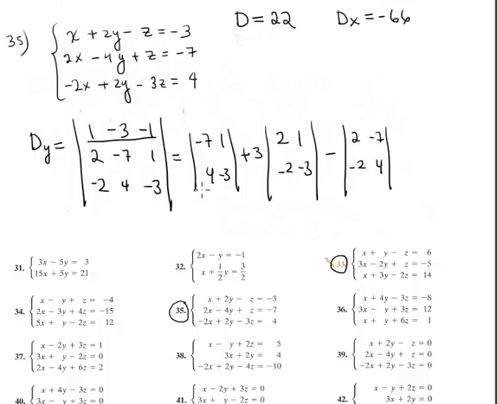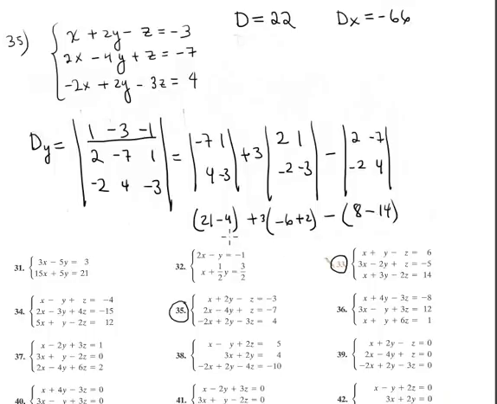Okay, multiplication is 21 minus 4, plus 3 times parenthesis minus 6 plus 2, minus 8 minus 14, because we have three negatives.